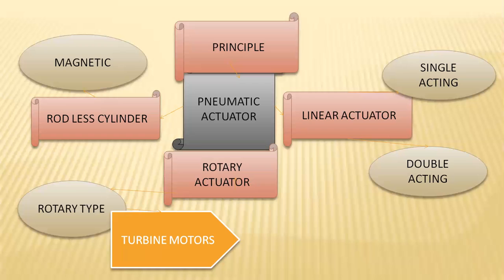For different kinds of applications, we need to commence quick actions for the actuators, which are operated both in linear mode of actuating systems as well as in the case of rotary kind of actuating systems.